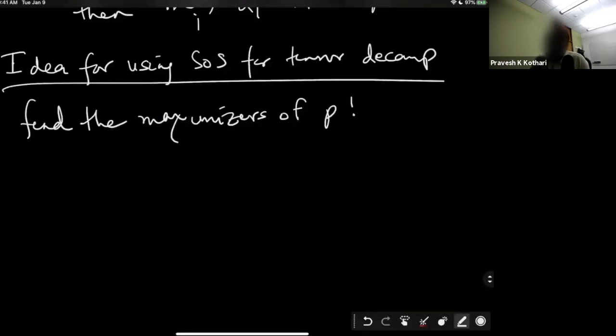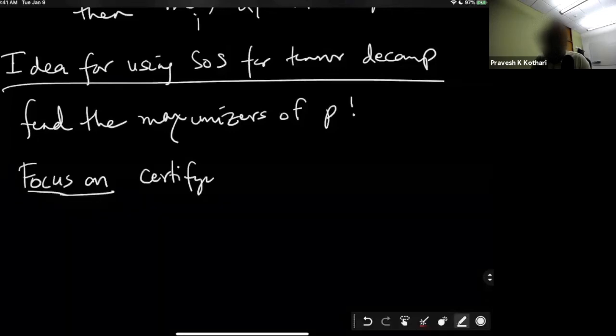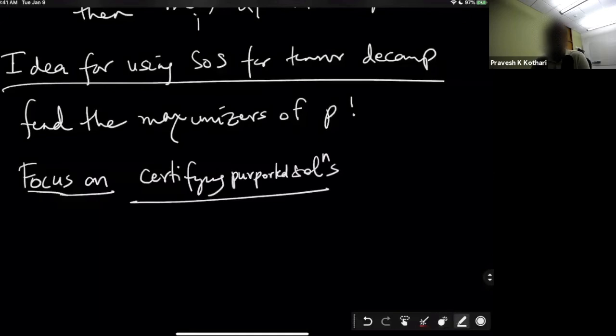Well, I should focus not on finding the solution, but on certifying true solutions, or verifying purported solutions. I mean, this is not a surprise, right? We want to solve the problem, we instead focus on certifying.